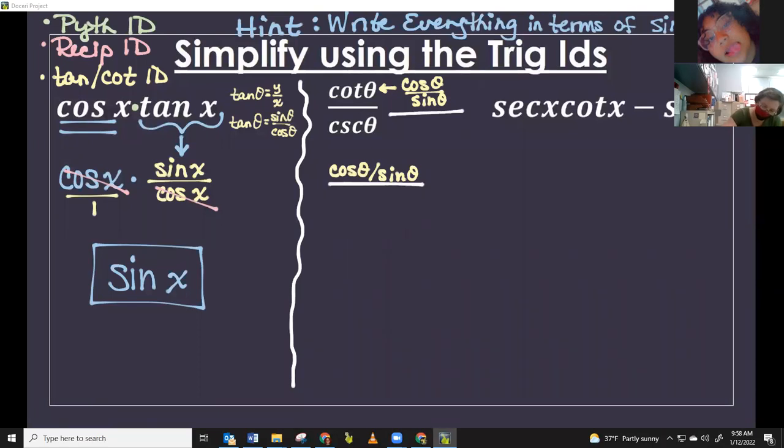How could I rewrite cosecant theta? Think about your reciprocal identities. One over sine theta, yes.